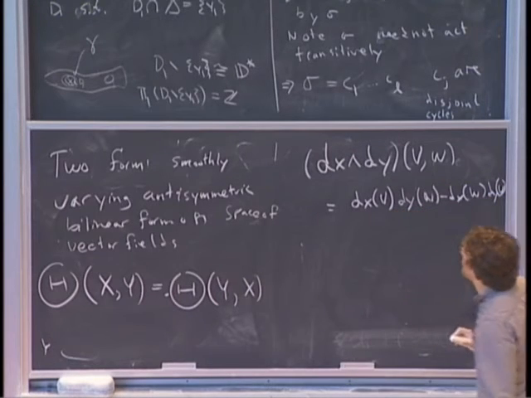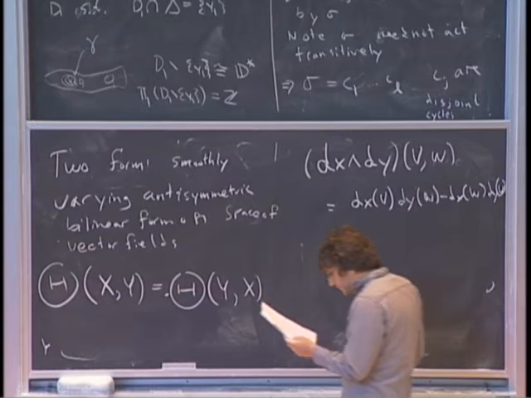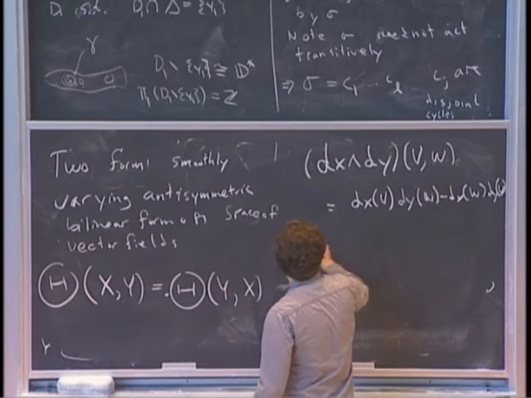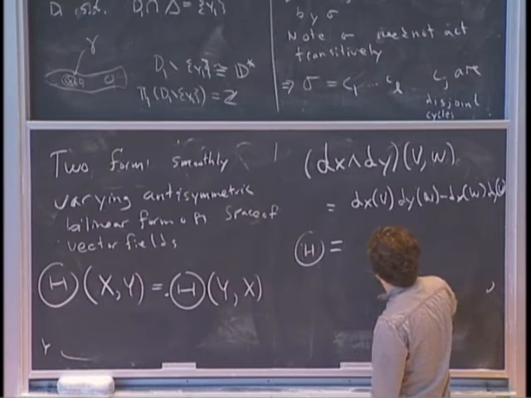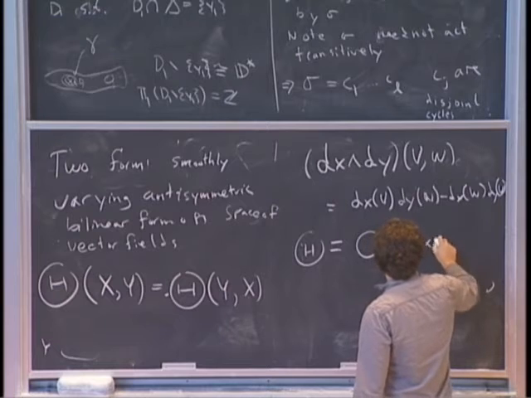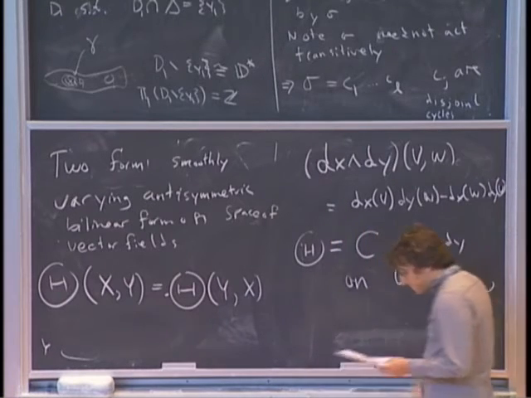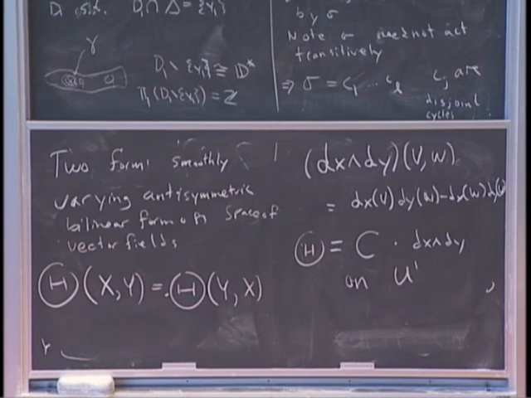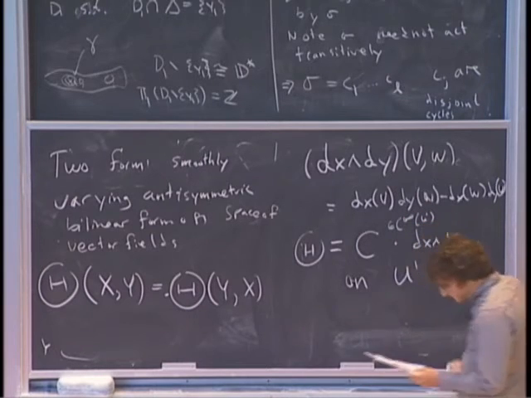Okay? And in general, you should convince yourself just by linear algebra that theta is going to be some constant c times dx wedge dy on, say, this u prime. And here c is supposed to be a smooth function.